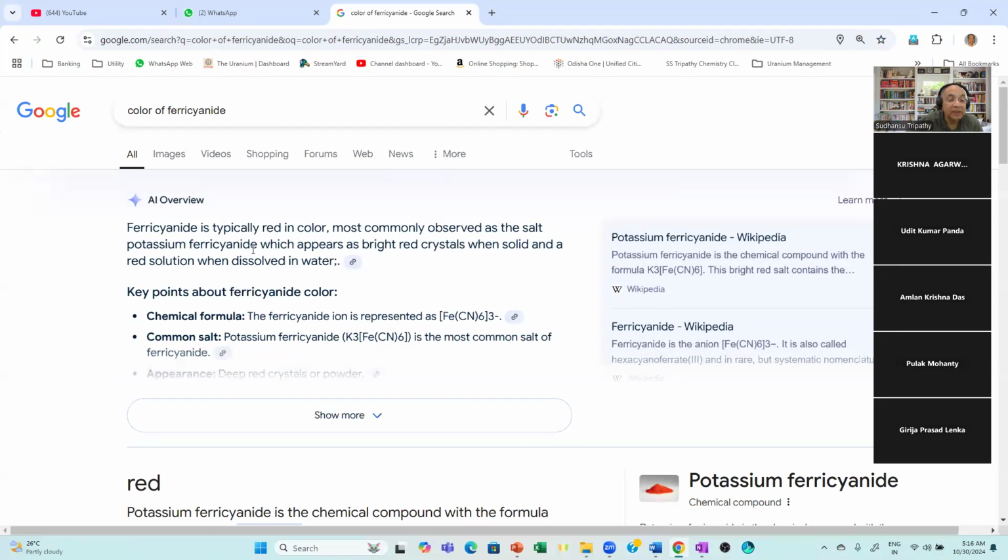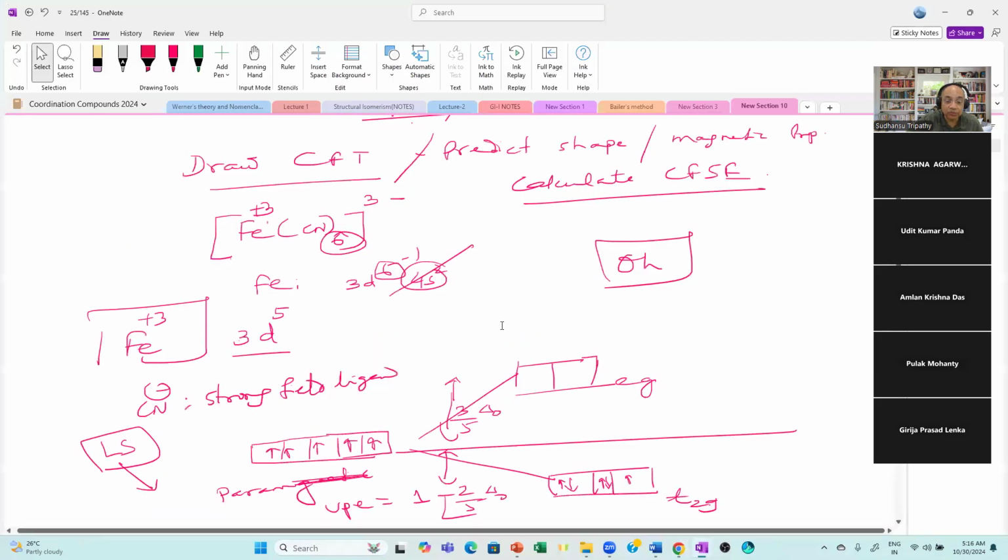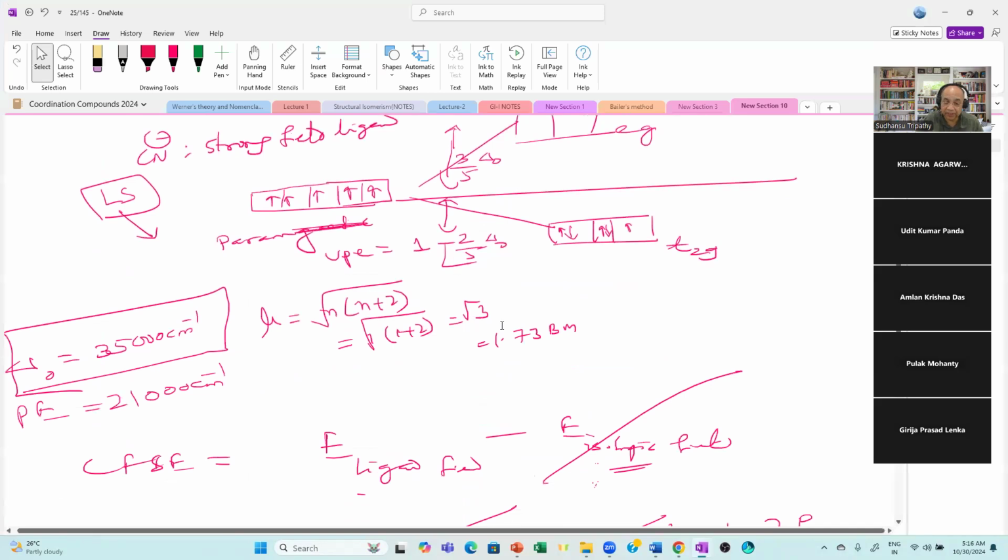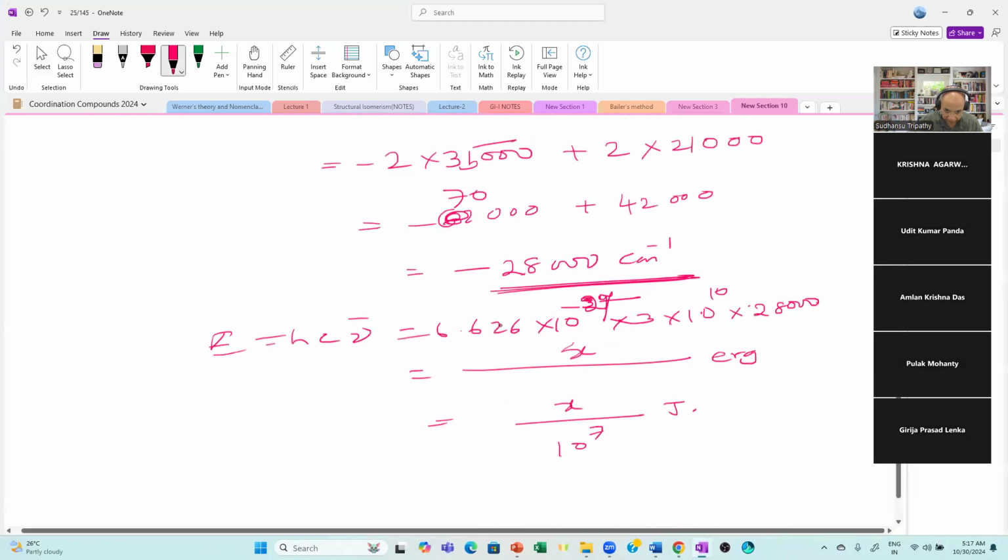It is red in color. So tell me what could be the cause of the red color of the ferricyanide ion. Say d-d transition.